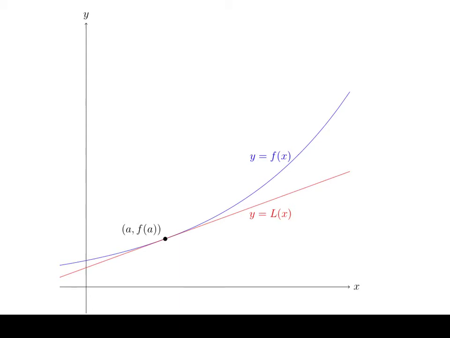When you're very close to this point of tangency, you should be able to see that the curve is really close to the function. So as long as we don't stray too far from this point, x equals a, as long as we're not too far away from that, then the y values along the line will be very close to the y values along the curve.